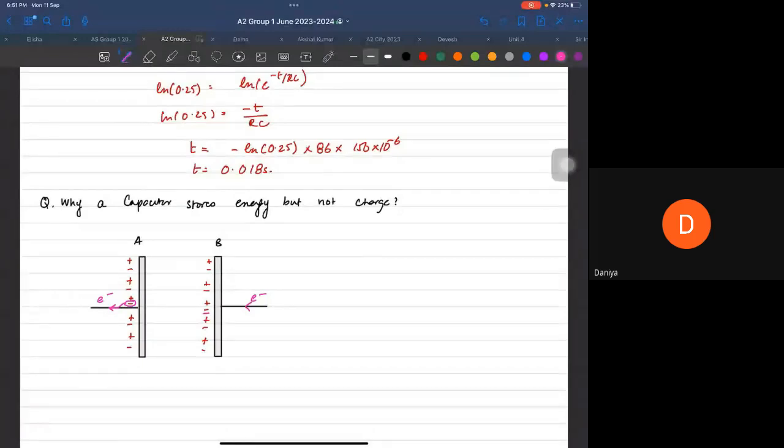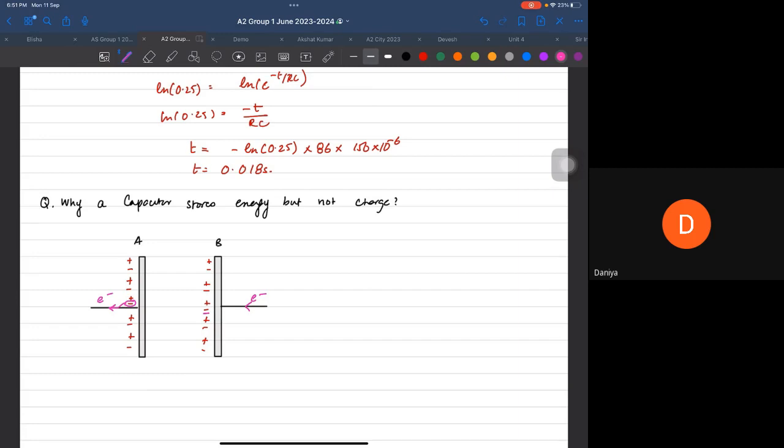So if you calculate the total charge, there is no change really. The net change in the charge is zero, because redistribution takes place. It's not like we are adding charges on one plate only. The other plate is also losing them. So the total remains the same.